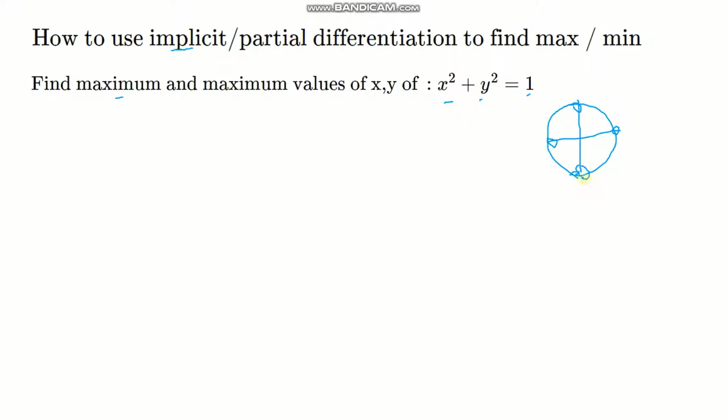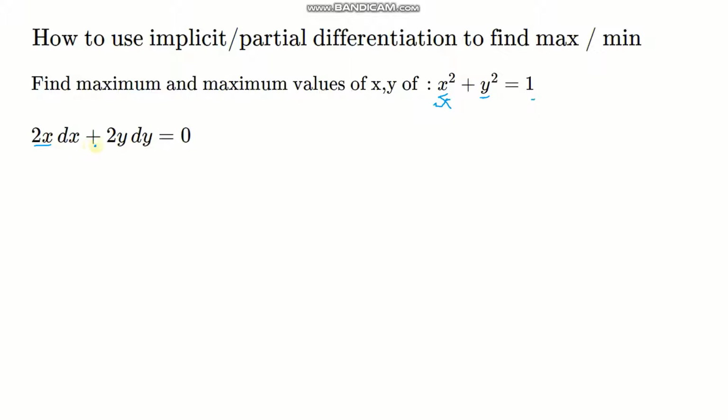So first, we take the derivative of x squared plus y squared equals 1 in terms of x. In partial derivatives, we take the other variable as constant. So x squared in terms of x becomes 2x. Since y squared is considered constant, it becomes 0. So the derivative in terms of x is just 2x dx.